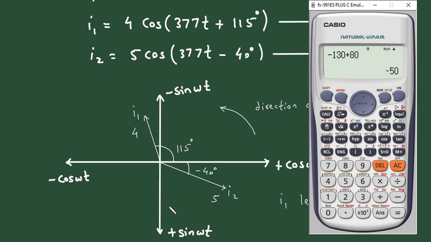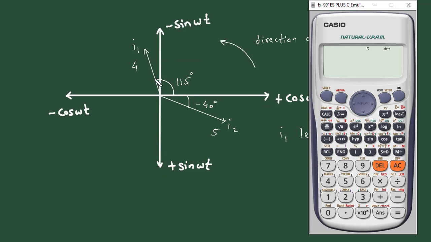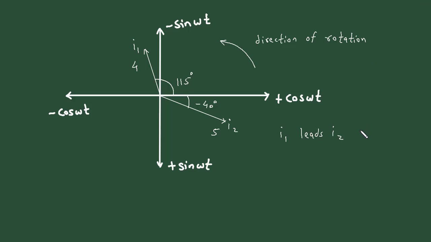The angle difference is 115 plus, now here this is actually 40 degree, because we have to add this 115 degree and this 40 degree. So this much will be the total angle. So it is 155. So here we can write I1 leads I2 by 155 degree. So this 155 degree is the phase angle.